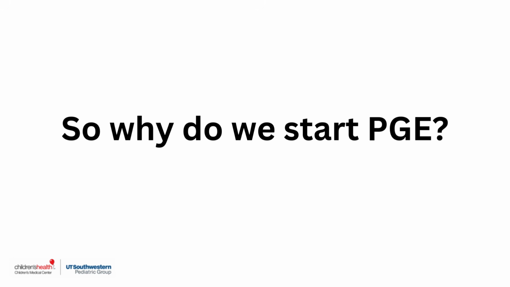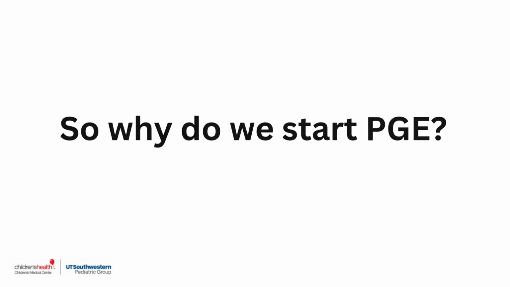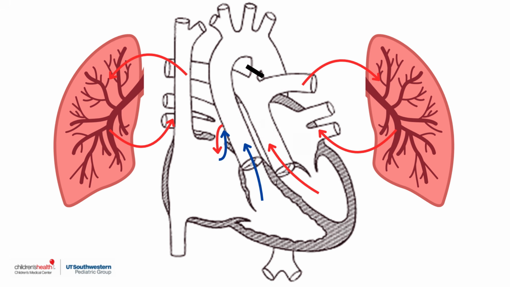So that begs the question. Why do we start prostaglandins if the PDA is not that important for mixing? Well, the shunting that we get across the PDA improves our mixing secondarily. A patient that does not have a PDA but only has an atrial septal defect, in general, has a reasonable amount of mixing across the atrial septal defect. However, if we keep the PDA open and allow shunting from the aorta to the pulmonary artery, then we've increased the pulmonary blood flow.